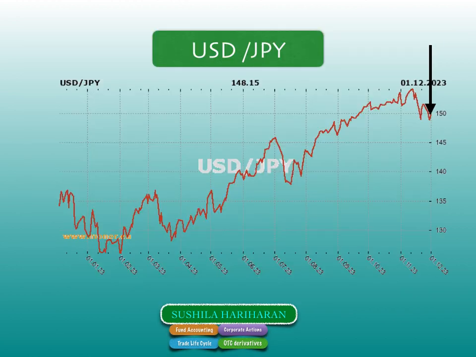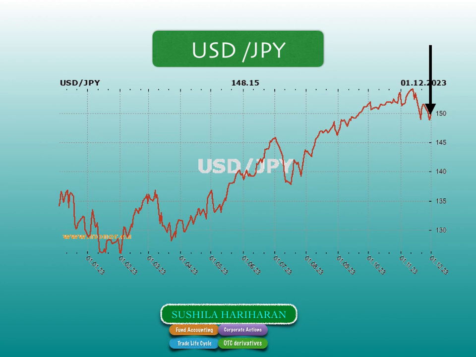I've mapped out the graph for the USDJPY, which I have sourced from one of the popular websites on currency movements. And on 1st of December 2023, which is just a couple of days ago, the rate was 150. So that means the base currency is USD, so you have 150 Japanese yen, JPY, to $1.